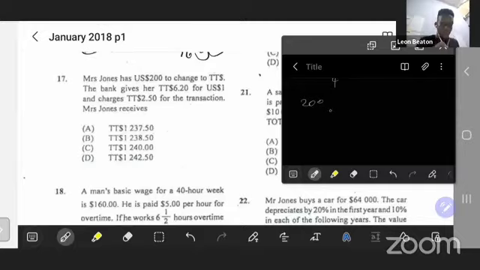So we have to multiply this by 6.20, because that is the exchange rate, and that will give us the amount of TT dollars that will equal 200 US. Once again, we don't have calculators, so we've got to work this out manually. We move the decimal point to the end of the number.